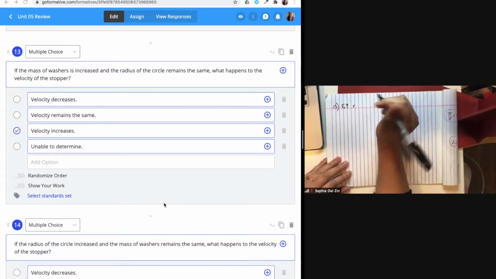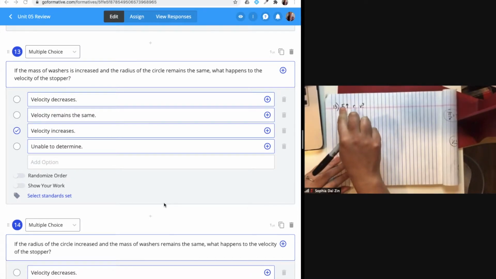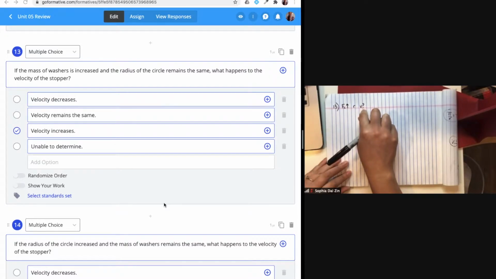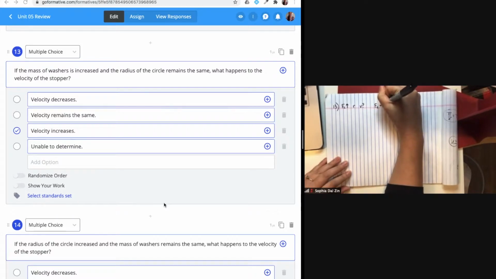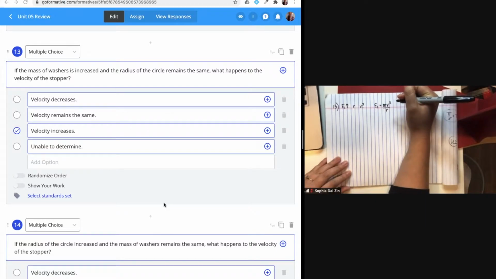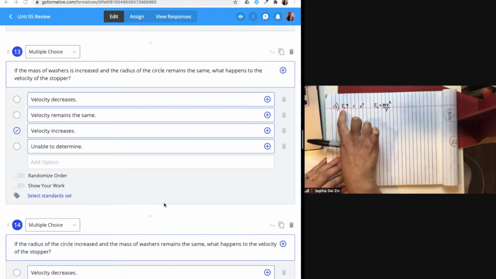What happens to the velocity? I need an equation that relates centripetal force, radius, and velocity. So let's write that out. There's only one equation that relates centripetal force, radius, and velocity. It's asking what happens to velocity if force increases.